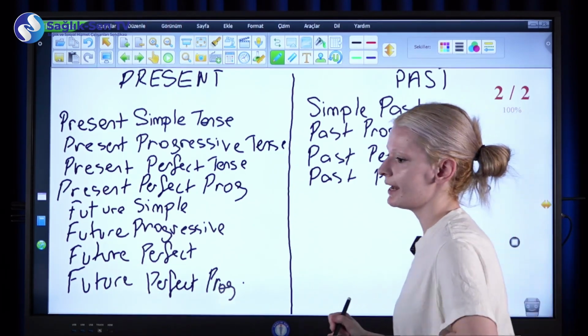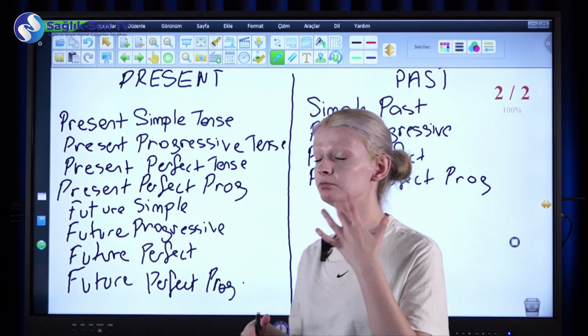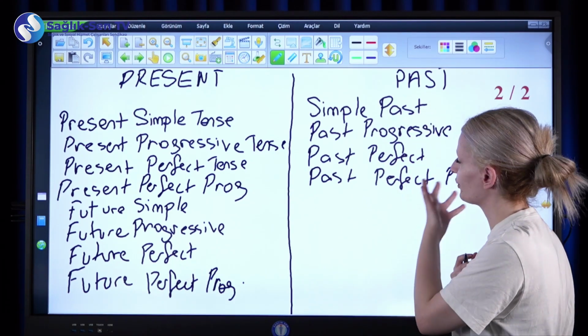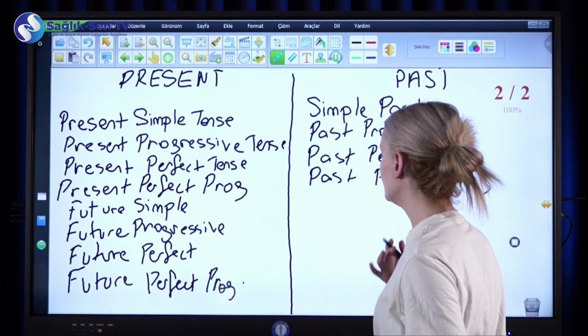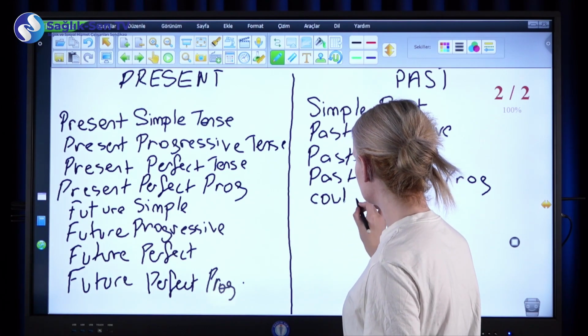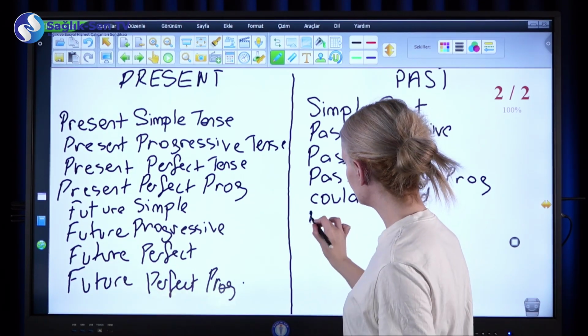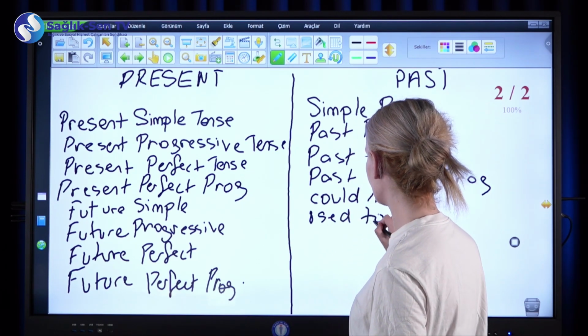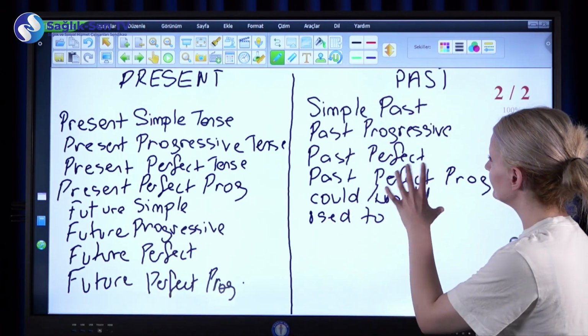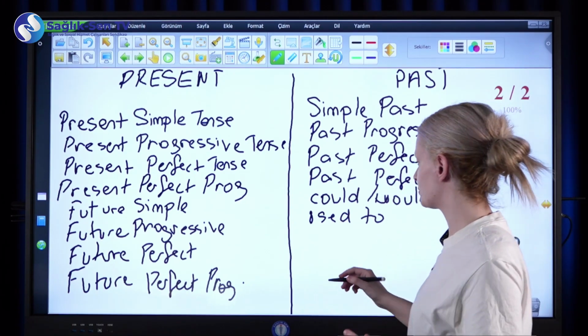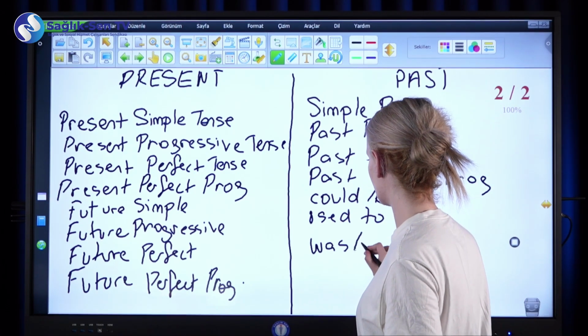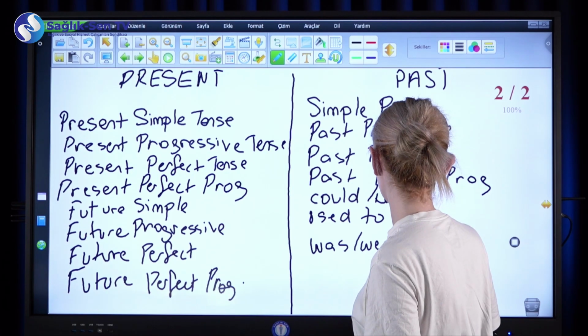We also have some modals that we can use with past tense, which are could, would, used to, and we also have past future, which is was, were, going to.